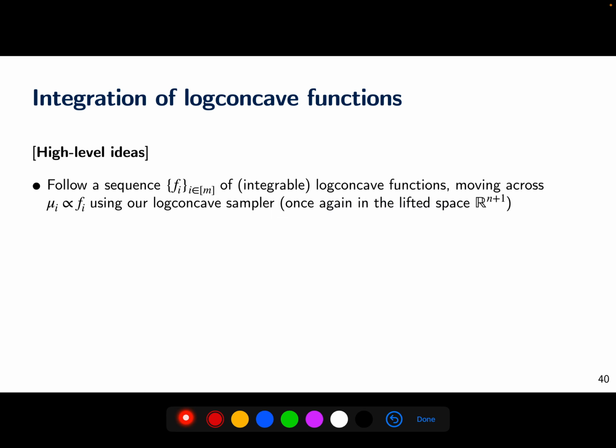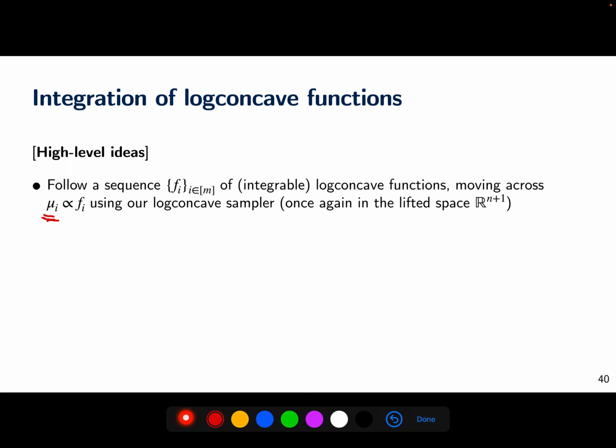Here is our high-level idea. Just as in annealing and in isotropic rounding, we follow a sequence of integrable log-concave functions and move across mu i, whose density is proportional to f i, and then we draw some samples from mu i and do some estimation.